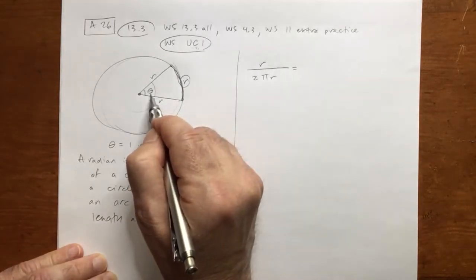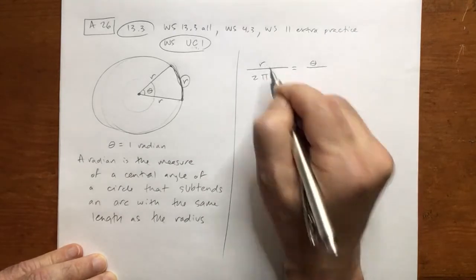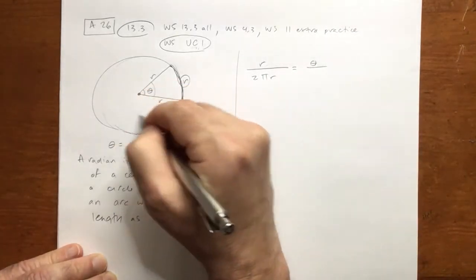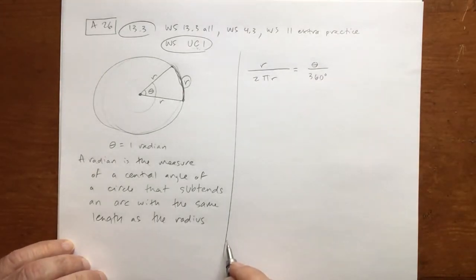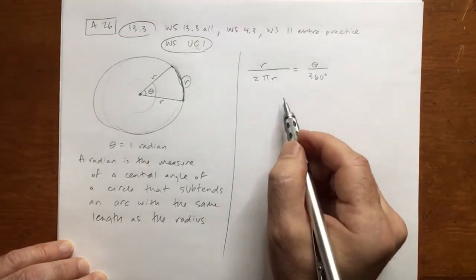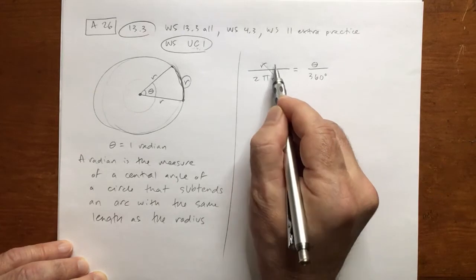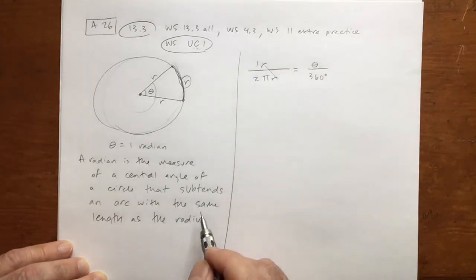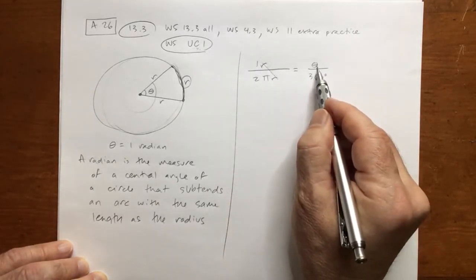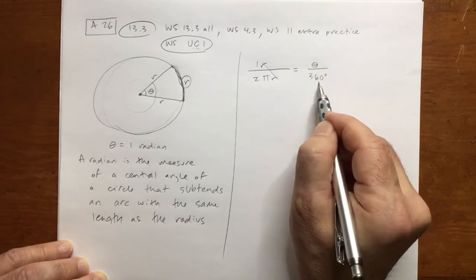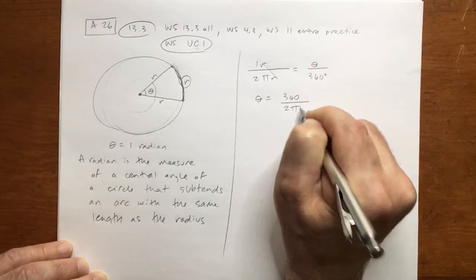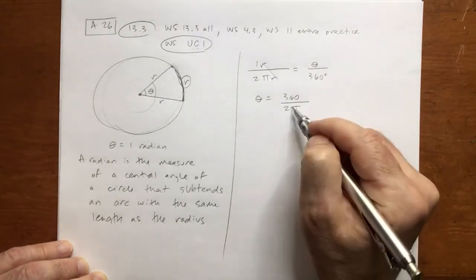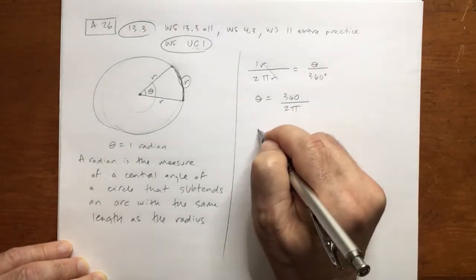The part goes on top just like the part is here. The whole way around in degrees is 360 degrees. Now the first thing I see is I can reduce the r's and I just get a 1 there. If I want to solve for theta, I'll multiply by 360. And then I'll reduce the 2 and the 360.